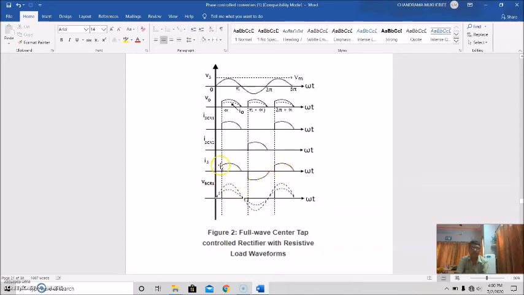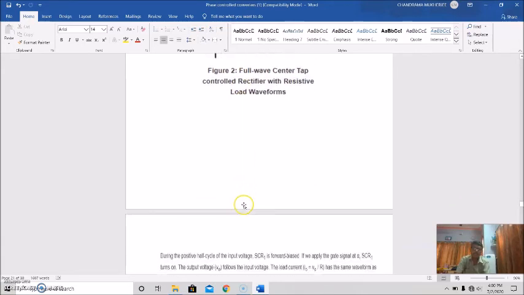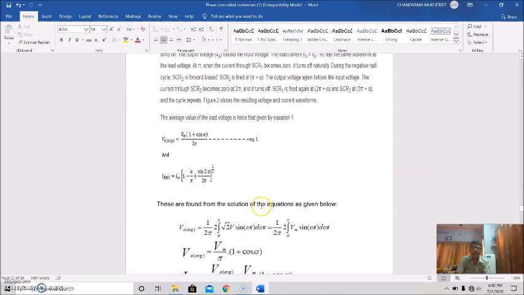Now if we find the average value of the load voltage, this is twice that given by the half wave equation.